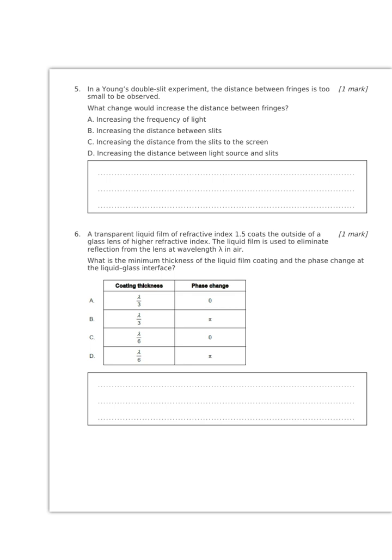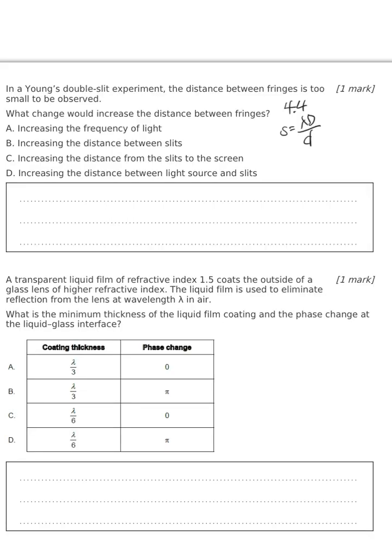So even though Young's double slit experiment is in topic 9, double slit interference patterns, the formula for that was actually covered in 4.4, where capital D is the distance from the screen to the slits, S is the distance between the fringes on the screen, and lowercase d is the distance between the slits, which at least is consistent with the equation for diffraction grating, where lowercase d is also the distance between the slits.